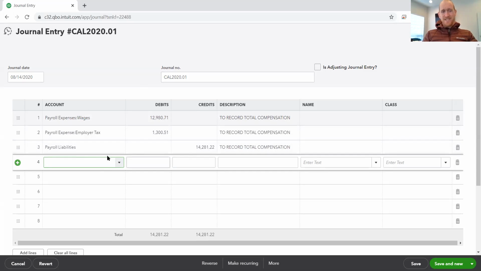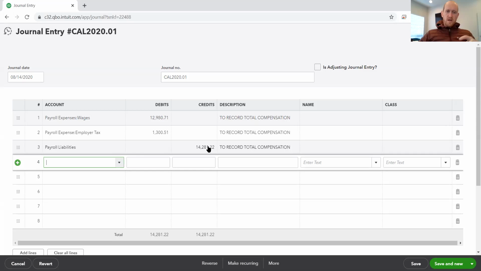And then the next step is you put it to payroll liabilities. This is the important part. This is what people can get confused. Do not break it out between federal taxes due, state taxes due, FICA, Social Security, Medicare.